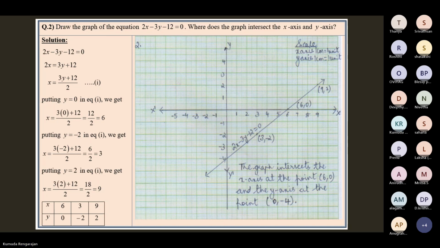That is, if you take a point on this line, take its address and put the x coordinate in place of x and the y coordinate in place of y, the equation will be satisfied.